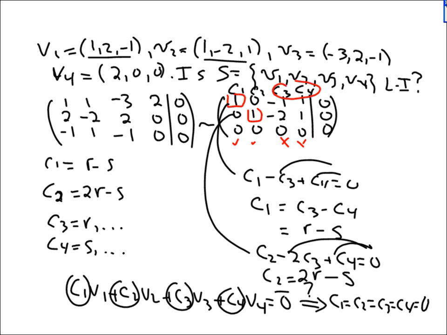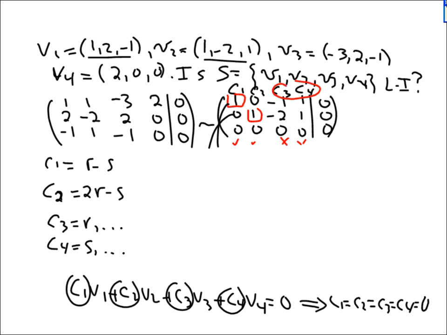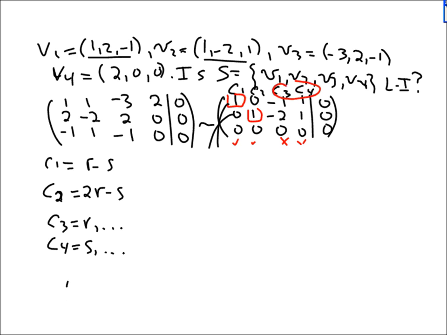We actually came up with an infinite number of solutions. One solution for each value of R and S that you can pick. And you can pick infinitely many R's and S's. You can let S be 0, and R be 1, and then 2, and then 3, and then 4. Do that forever.